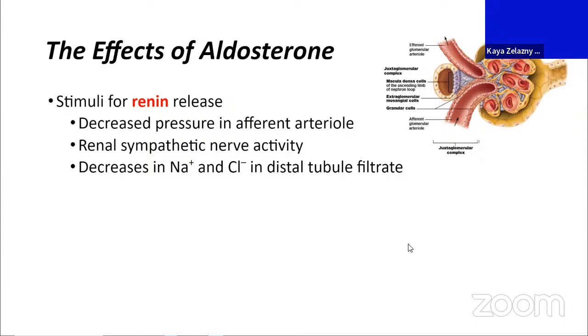When we release ADH, you reabsorb a bunch of water by inserting the aquaporin 2 on the apical membrane in those same regions, distal parts of the nephron, so the distal tubule and collecting duct. Reabsorb water, bring plasma volume up, bring blood volume up. Okay, so we want to release renin when we ultimately want to bring your blood volume up. So for renin release, we're thinking about things that are indicating to us that we don't have all that much blood volume, right?